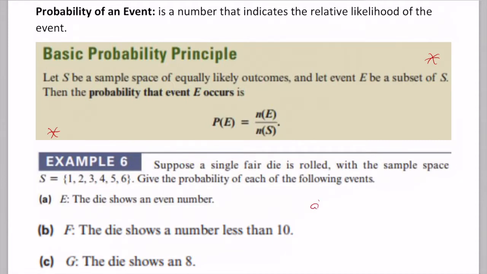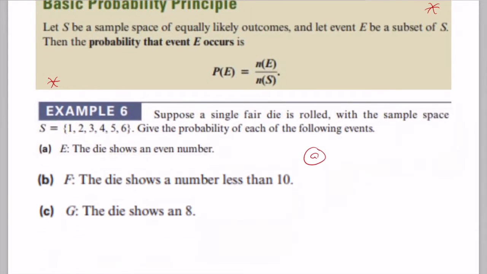So A, suppose a single fair die is rolled with a sample space of 1 through 6. Give the probability of each of the following events. The die shows an even number. So P(E) is equal to N(E) over N(S). How many even numbers do we have in our sample space? Well, that's going to be 2, 4, 6, so that makes it 3 over all our sample space, which is 6, which makes it half.